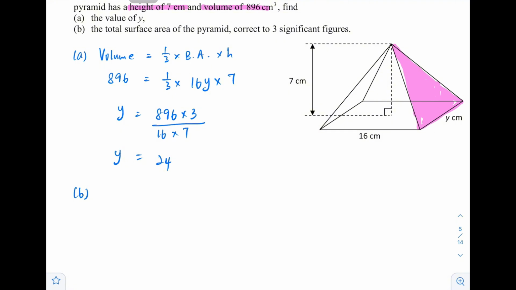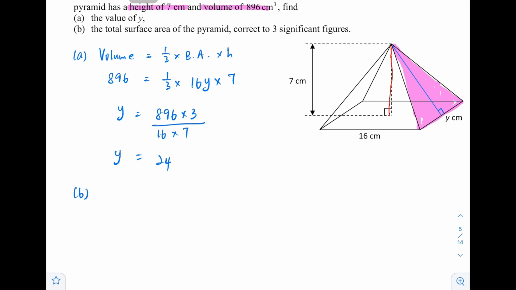In order to find the area of this pink triangle, I will need to know the base of the triangle, which is y, and that y is 24, and I will need to know the height of the triangle. In order to find this height, which is the slant height of the lateral face, I will need this right angled triangle over here.